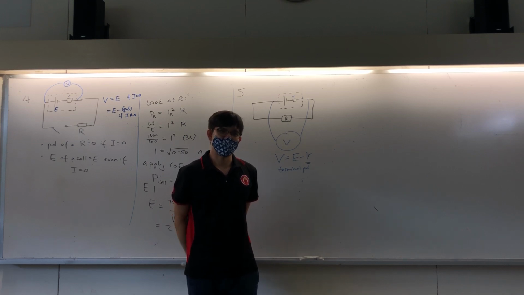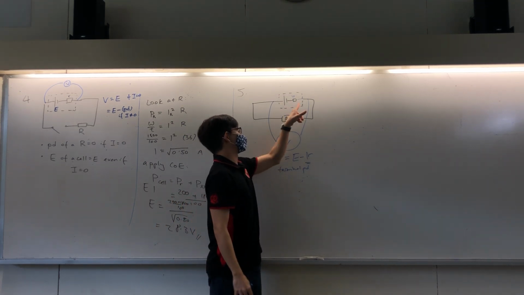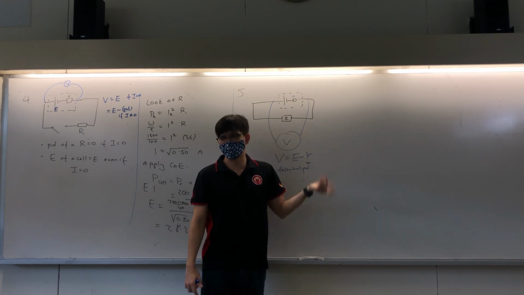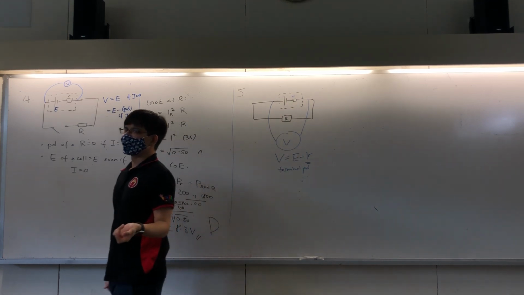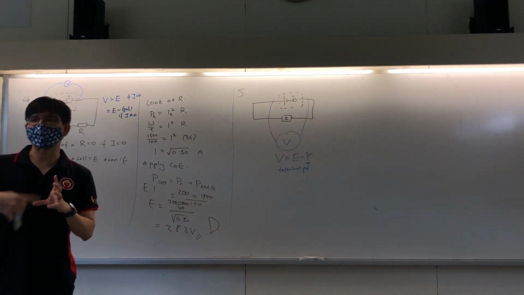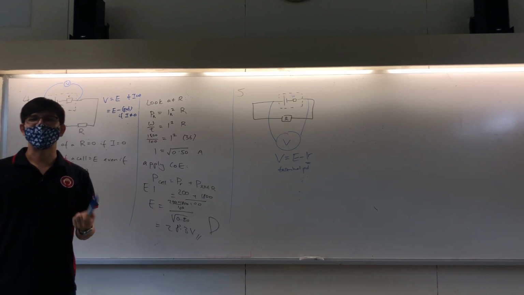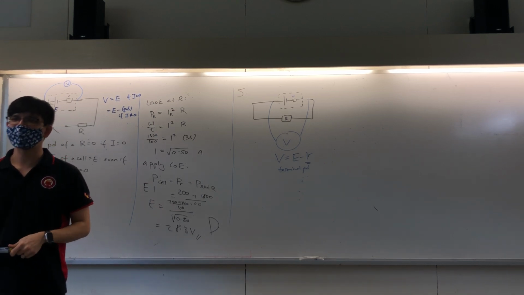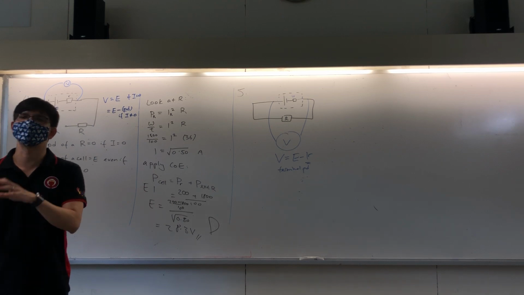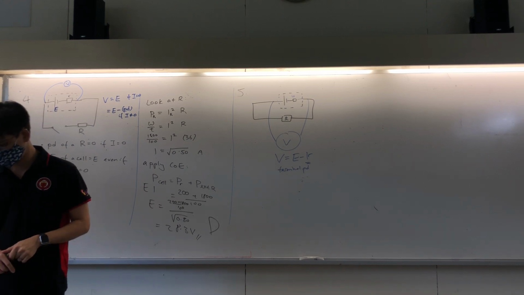Indirectly, yes. But the direct cause of why it drops is the internal resistance, not the external resistance. It's something inside the battery, not outside. How much it drops by is determined by something external, but the fact that it drops is not due to something external.